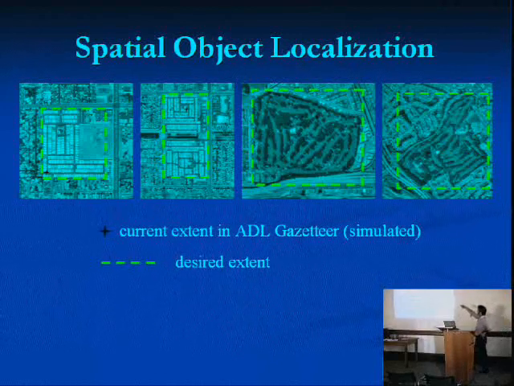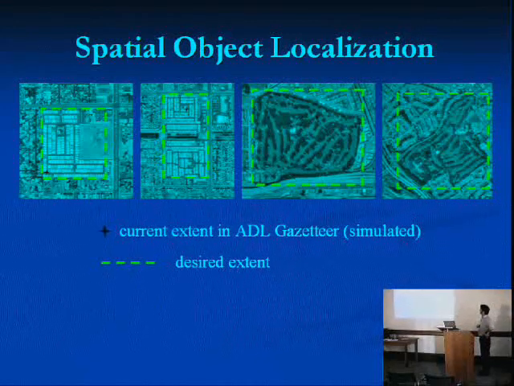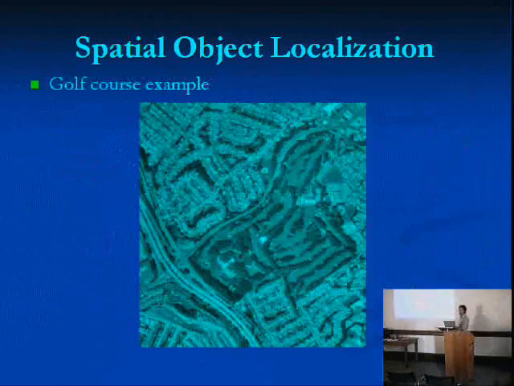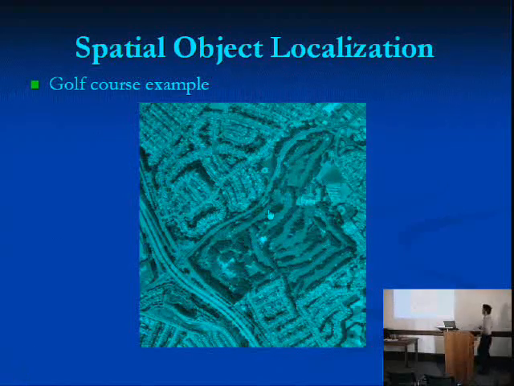So I looked at ways of using the texture, the motifs that constitute these objects, to initiate a bounding box at one of these interior points and grow it to have a bounding box representation. I'll just show a little demo here.